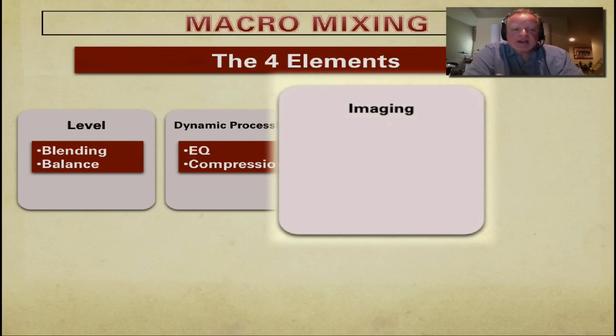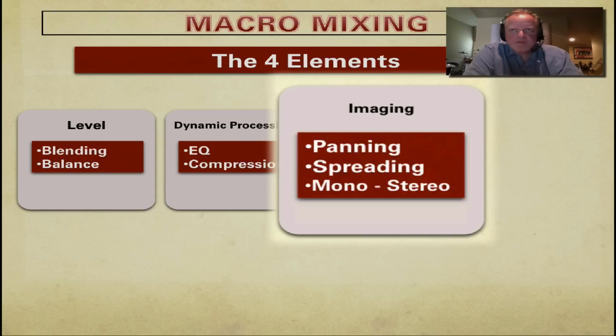Now, imaging can already, and most likely will be part of your leveling, because you're already panning things. But imaging can now go even a step further, and in your mix you will still continuously fine-tune your imaging because things will change. Once you start processing, you will start to see how you have to fill this space, this 180 degrees, how we experience music, and you will change the placement of some of the things.